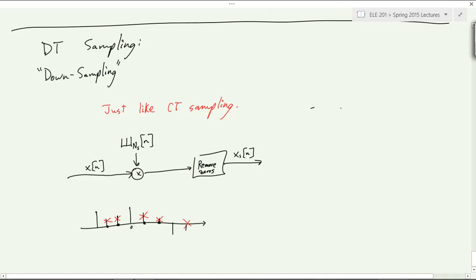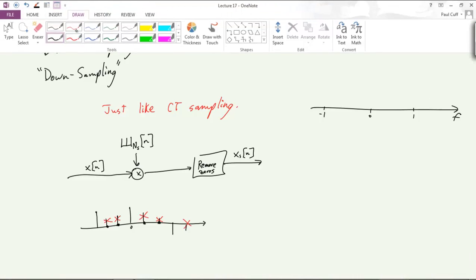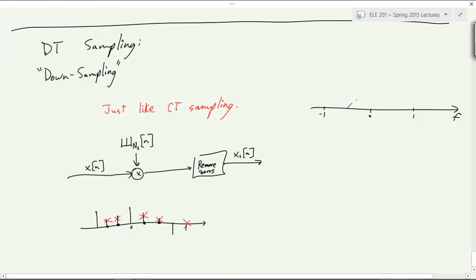Because it's discrete time, we start out with something periodic. So usually we only plot it from -1/2 to 1/2 because it repeats. So it has some spectrum. I'm going to just, to make it simple, draw it like this. Of course, it's periodic. So this is the discrete time spectrum.